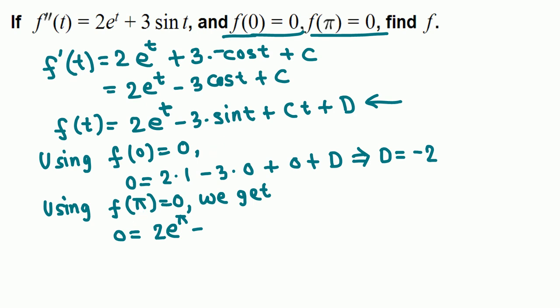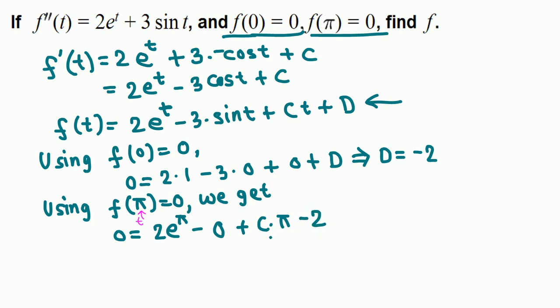Our t is pi; this is the t value, and this is the f value. Sin pi is also 0, and 3 times 0 is 0, plus c times pi, because t is pi, plus d, which we found is -2.